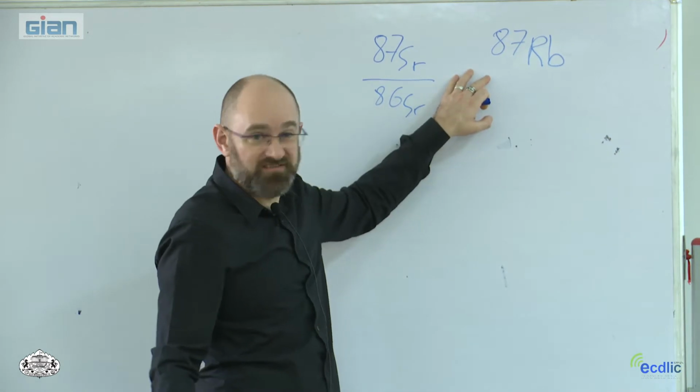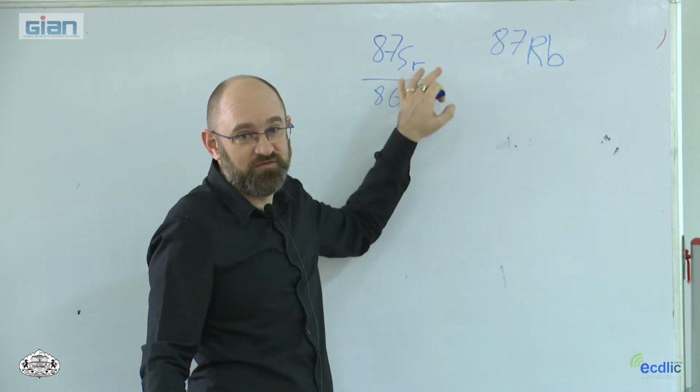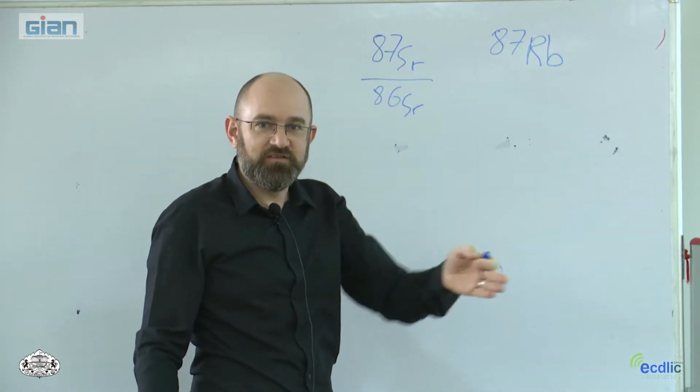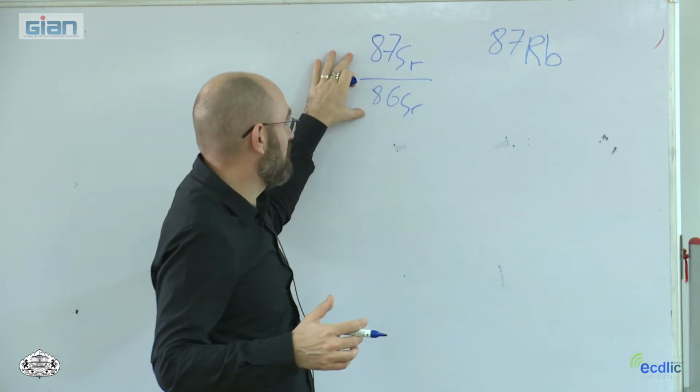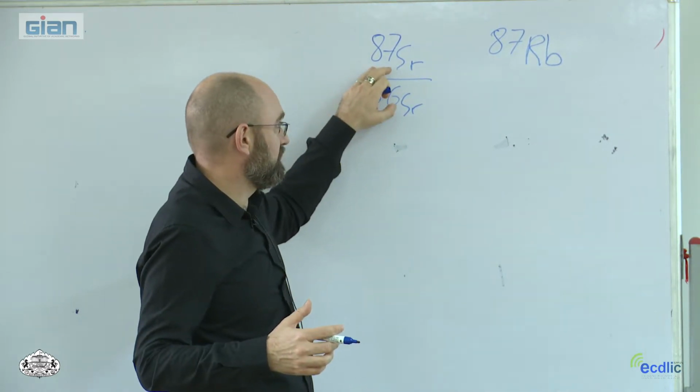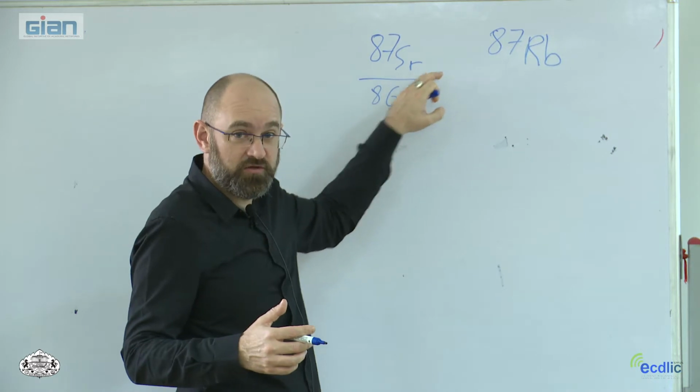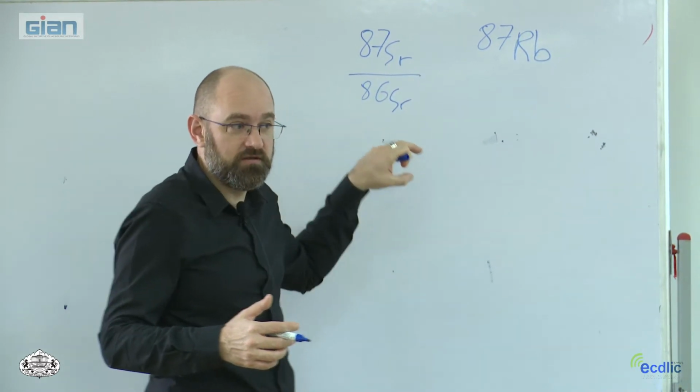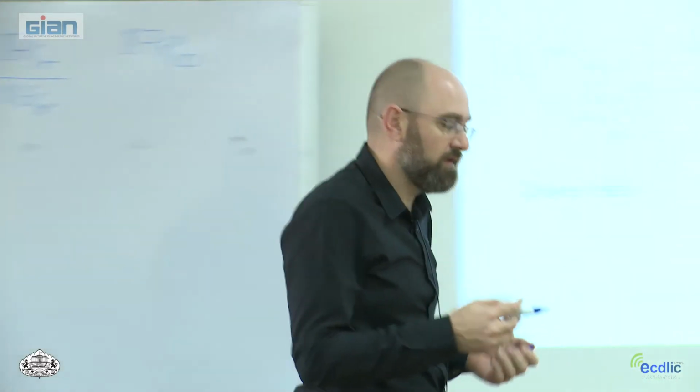The mass spectrometer doesn't care if it's rubidium or strontium. It's 87. And so when you measure your ratio, in fact, you are measuring the ratio of 87 strontium plus 87 rubidium on strontium 86. So we need some chemical protocol to separate the strontium. We call this purification. Okay?